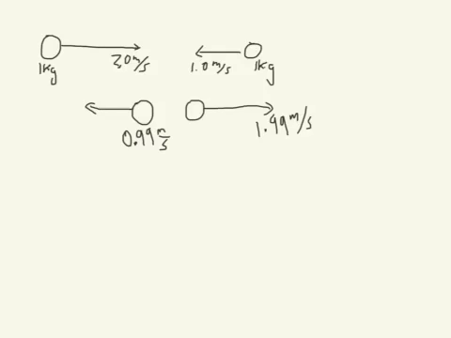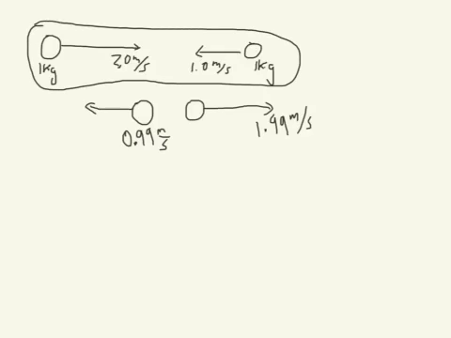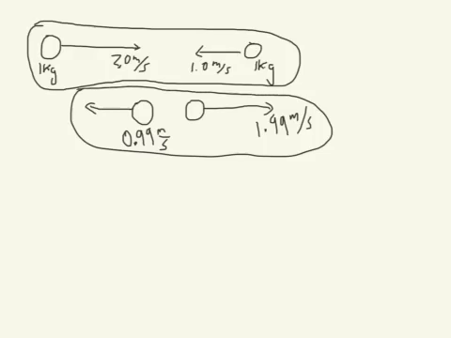Alright, so the first step to do that is let's figure out the momentum of this whole two-ball system. So we have to sum up the momentum of the first ball and the second ball and find the total momentum of the system before the impact, and then do that same process again, find the overall momentum of the two-ball system after the impact.